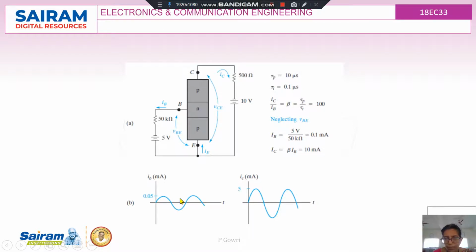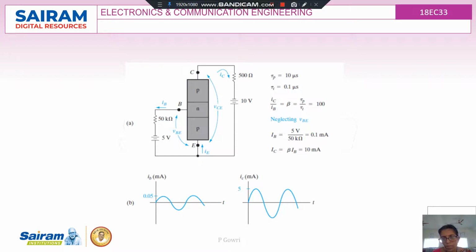To find this beta, I can use my amplitude value, or I can use tau p and tau t. Tau p is the lifetime of the holes, and tau t is the transition time of the holes. So the gain can also be given in terms of tau p and tau t.